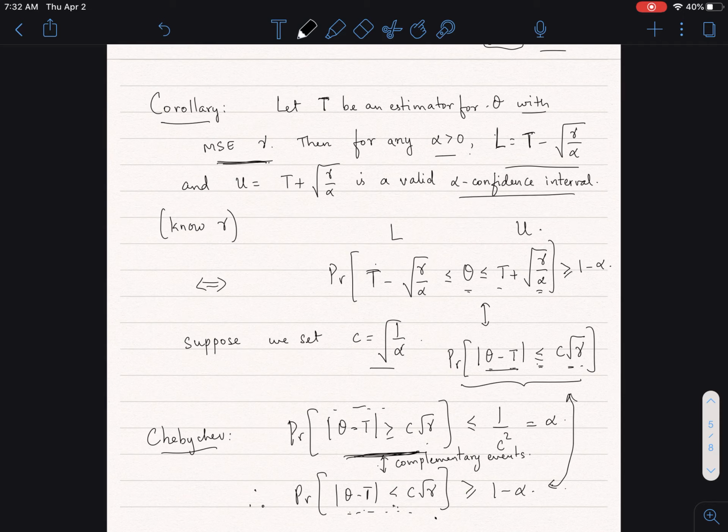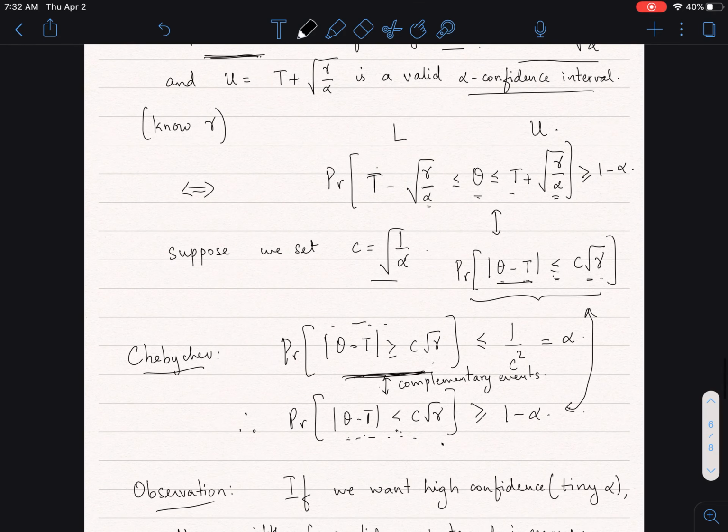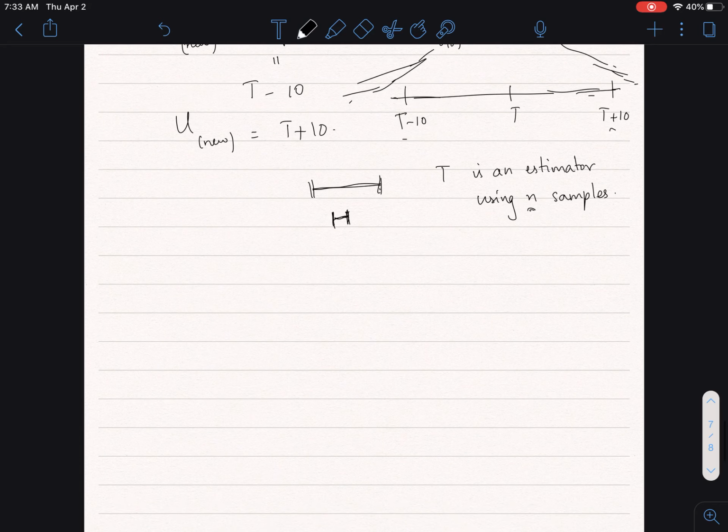It turns out that in many cases, the dependence is not as bad as root alpha, and that's something we will focus on in a few minutes. First, I wanted to apply this to the very simple case of the Bernoulli distribution.